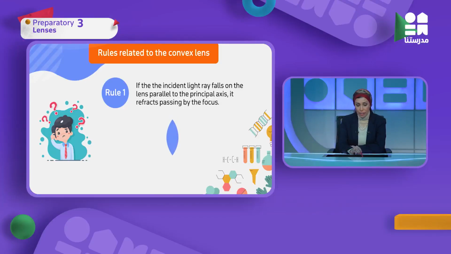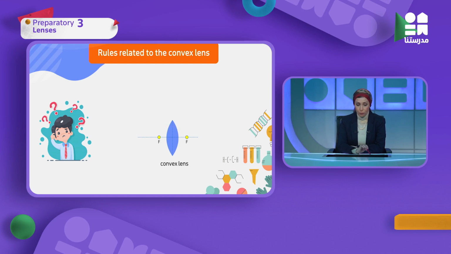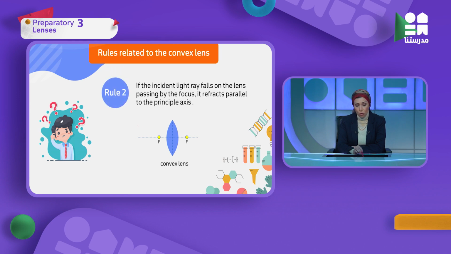It will refract passing by the focus, as we drew together. The second rule: if I ask what happens if the light ray falls on the lens passing by the focus, what will you say? It refracts parallel to the principal axis.